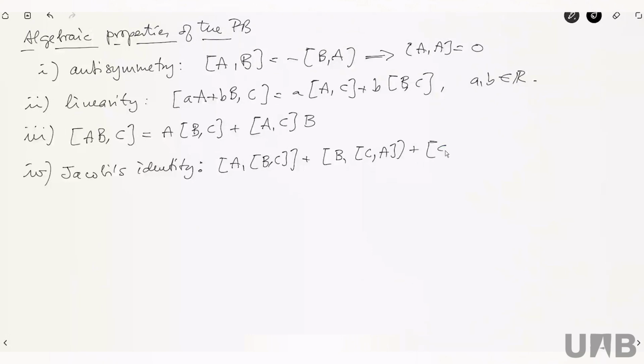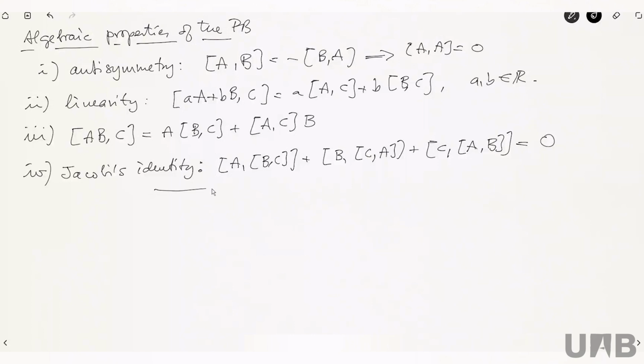Now it's C that is pushed to the left, A is pushed one position, and B is the one that goes all the way around. The sum of these three things is identically zero. So those are algebraic properties of the Poisson brackets, and these properties are shared by the corresponding commutators in quantum theory.